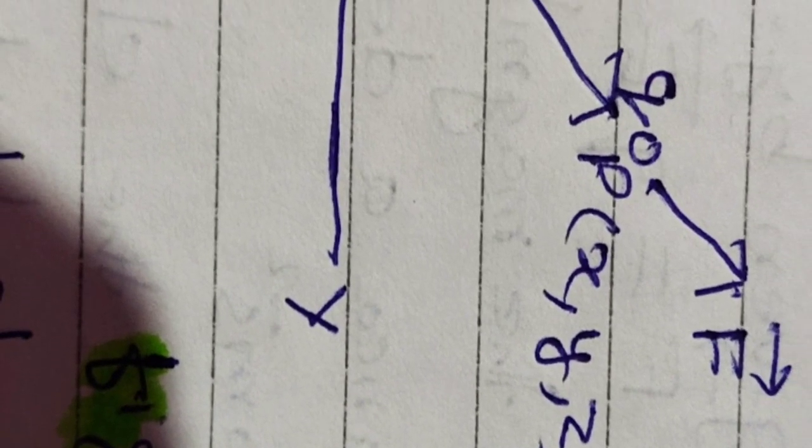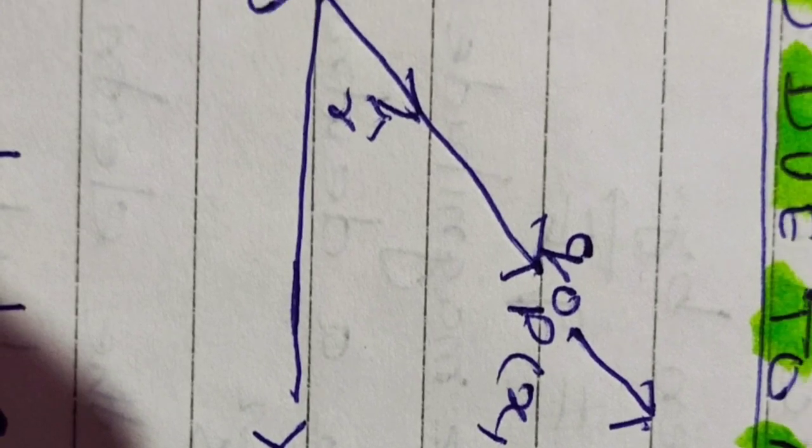Electric field due to a point charge. Here I am giving you a figure to understand. Let's first go for the figure. A point charge +q is placed at the origin O of the coordinate frame.